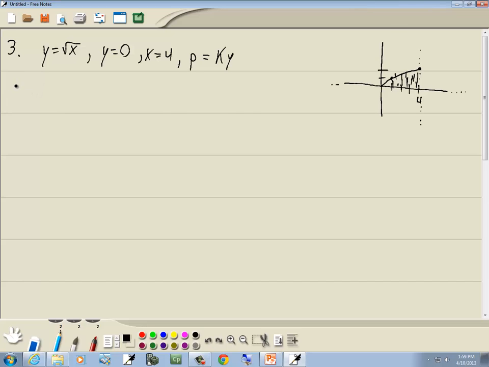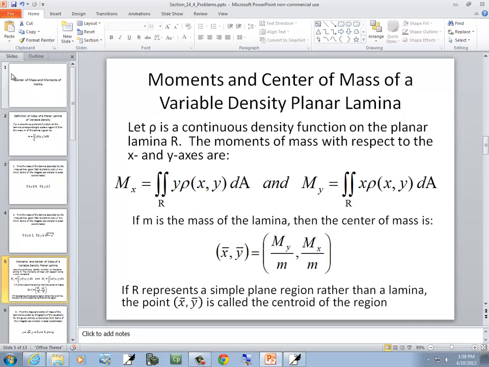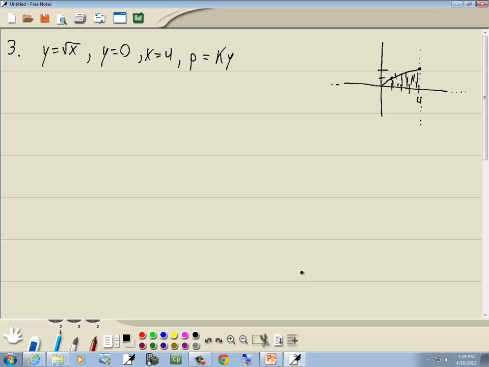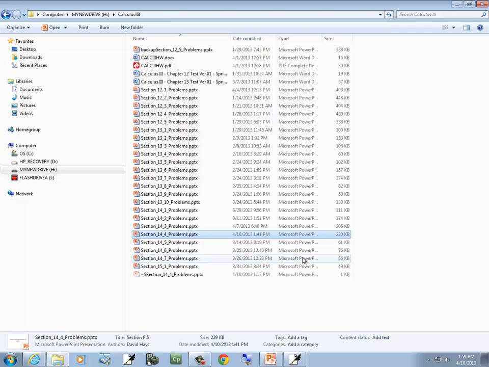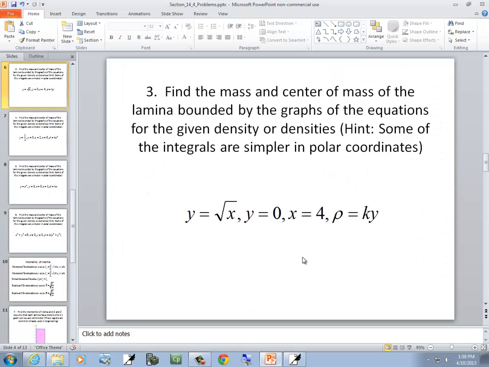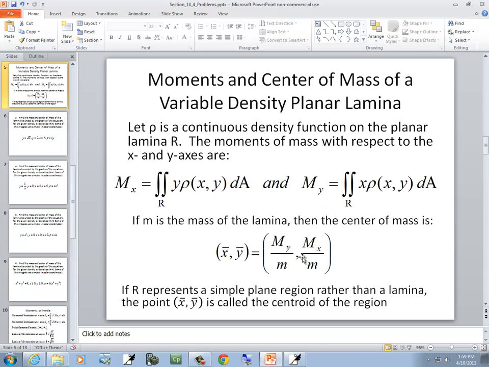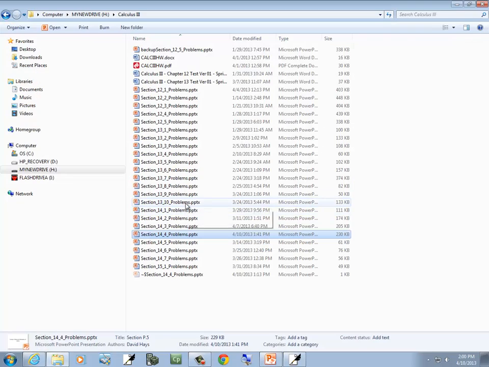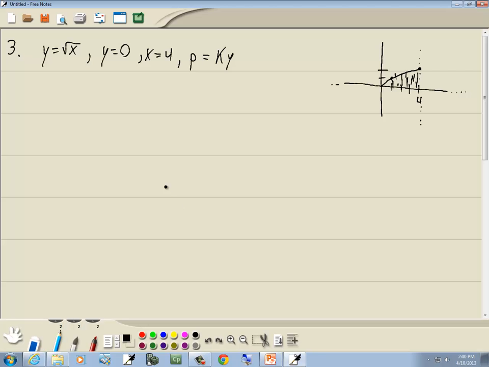Okay, well, first thing for our formula, before we even find these, we need m, because we're going to need that for this. What are they asking? Find the mass and center of mass. Okay, yeah, they're asking for the center of mass. So let's find m first.